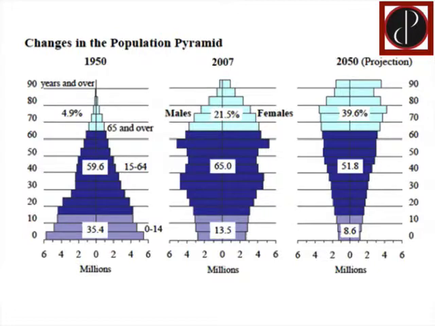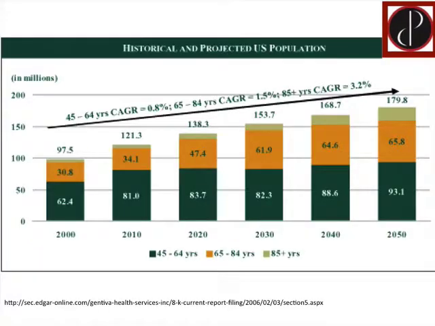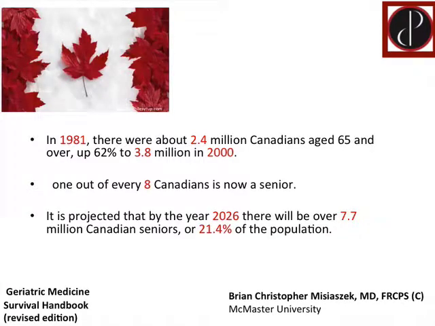So what about the population? In 1950, just 5% of the population was over the age of 65. It is 21% in 2007, and it would be 40% in 2050. And if you look at the numbers in the US, 30 million people in 2000 were over the age of 65, which would be 65 million people in 2050. What about Canada?